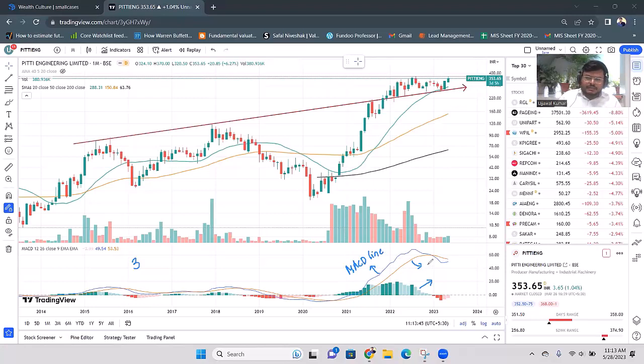This orange line is called the signal line, and I'll come to what these lines mean. And this third thing is called the histogram. So these are my three components of this MACD indicator: the MACD line, the signal line, and the histogram.